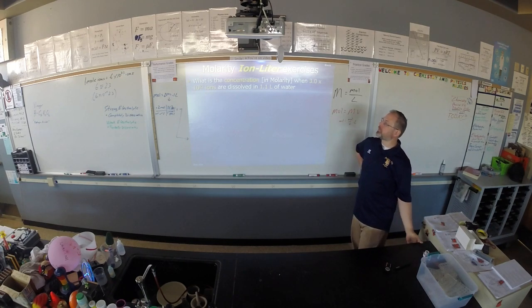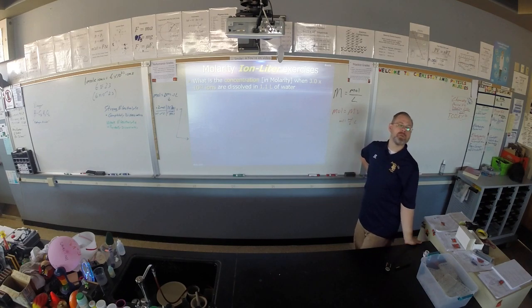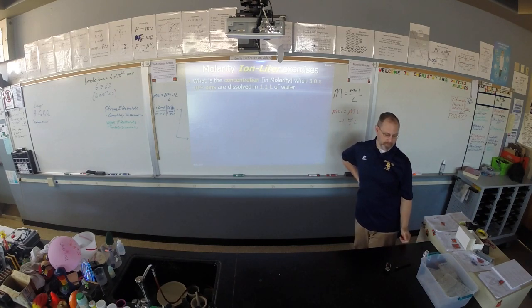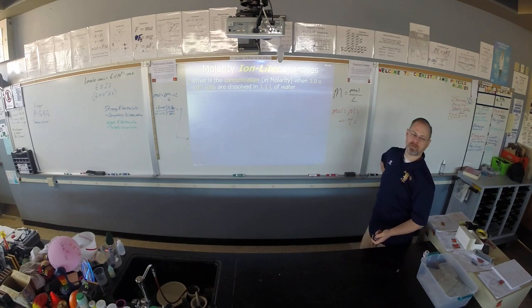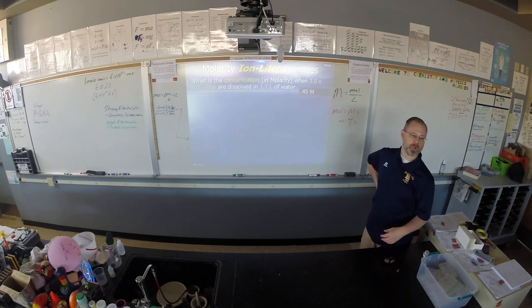Realize that 3 times 10 to the 23rd is half a mole, and 0.5 moles over 1.1 gives you 0.45 molar.